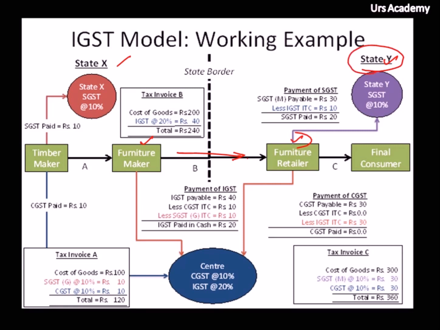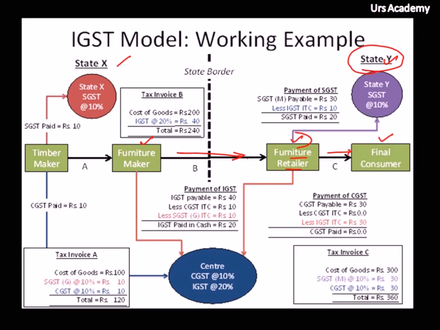Then what will happen? As soon as this furniture retailer sells this product to the final consumer, the final consumer will pay the taxes. For example, again that will be 300 rupees, and taxes of 60 rupees. Total taxes paid by the final consumer will be 60 rupees. But the furniture retailer has already paid 40 rupees to this furniture maker, and these 40 rupees were paid by the furniture maker under IGST to the central government, and the central government will transfer the SGST part to state Y. And what will state Y do?